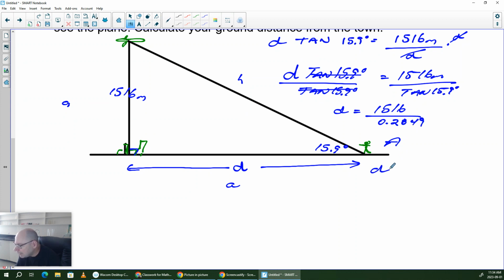So D equals 1516 meters divided by 0.2849. And I get, to the nearest meter, 5,321 meters. Okay, so I am 5,321 meters from the town.